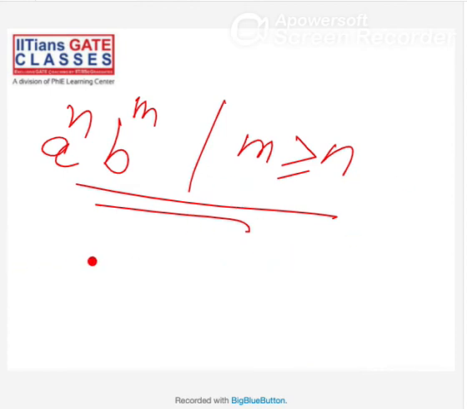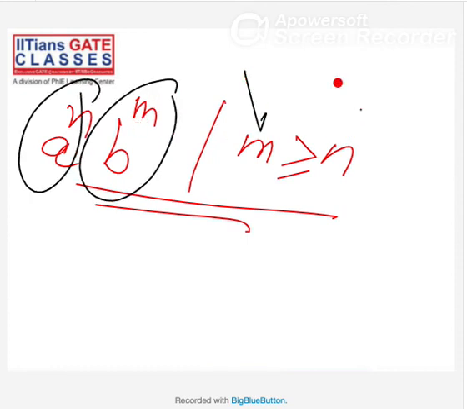This is not regular because here again you need comparison. The number of B's should be greater than or equal to the number of A's. So you need unlimited comparison here, so this is not regular. This is a DCFL. Why? Because push and pop is very clear. What you need to do is push every A.